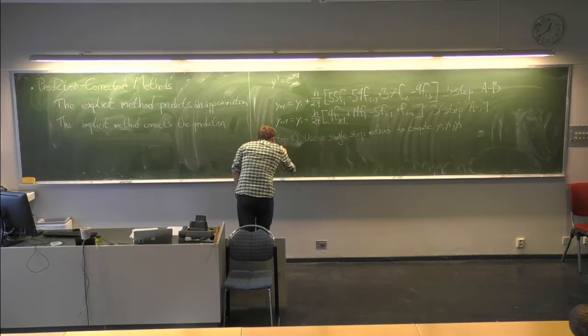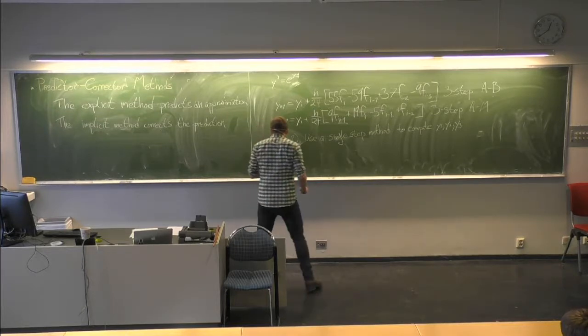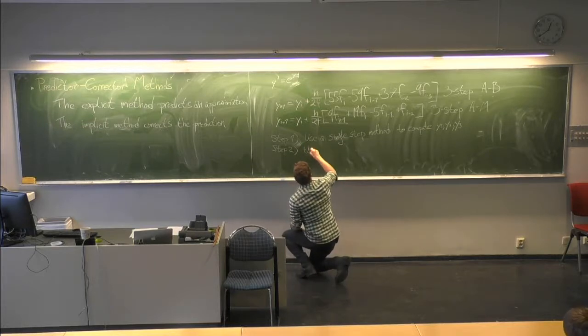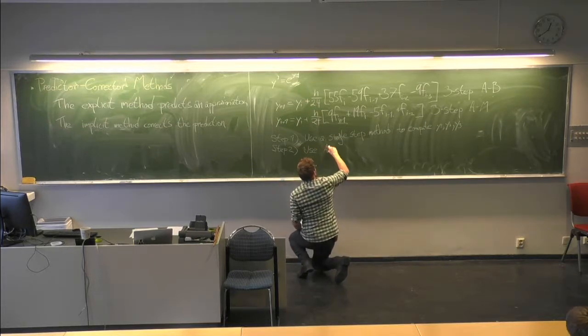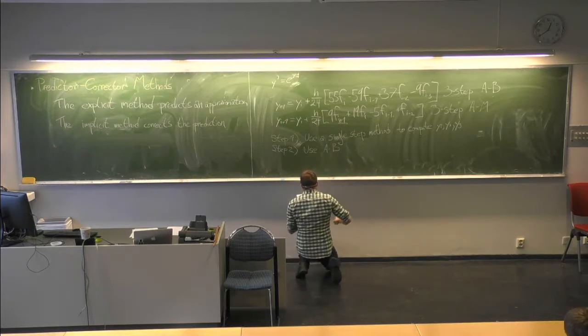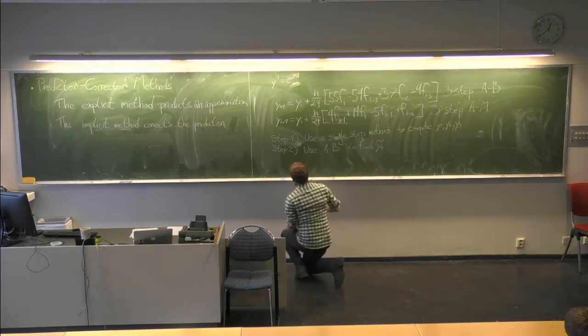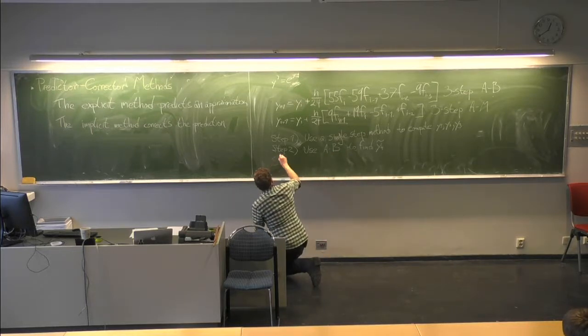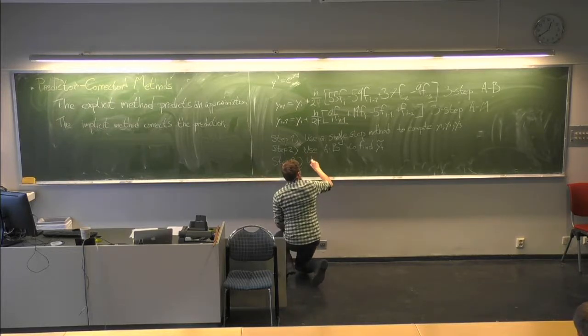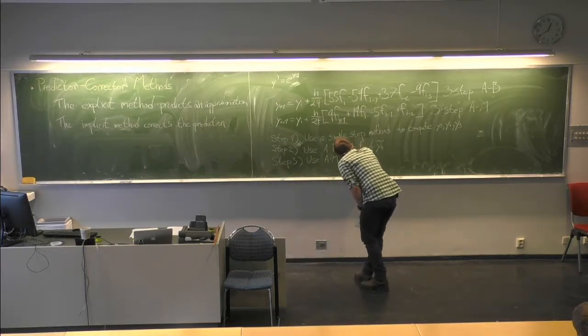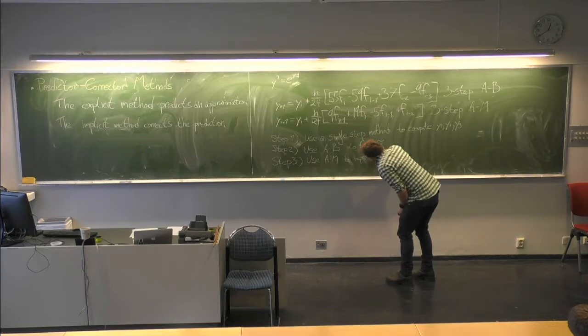Step 2. Use B, so the top one, to find the next one, y4 tilde, and next, you correct it, to improve or correct.